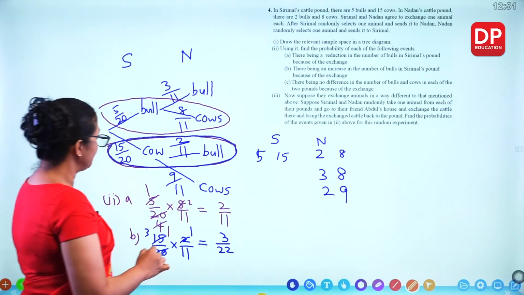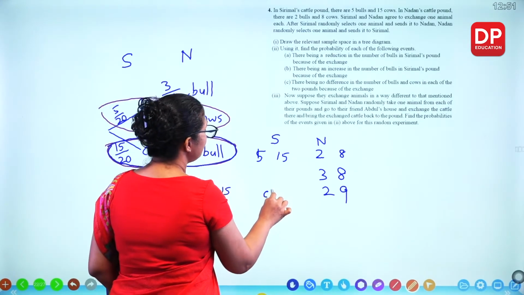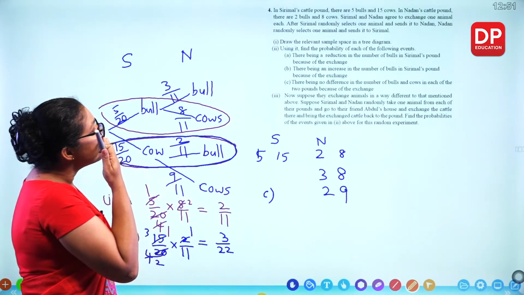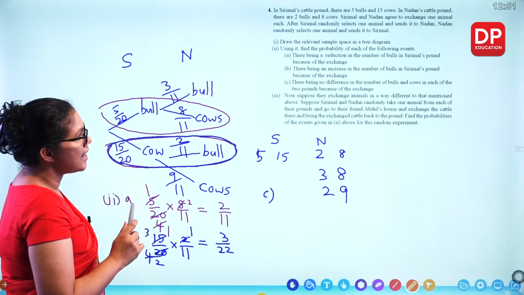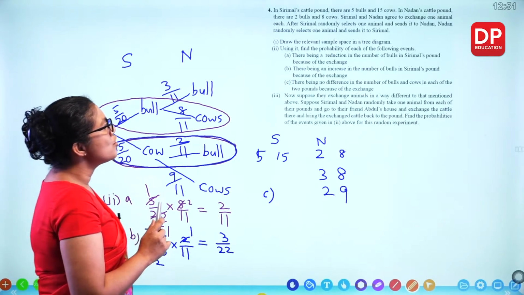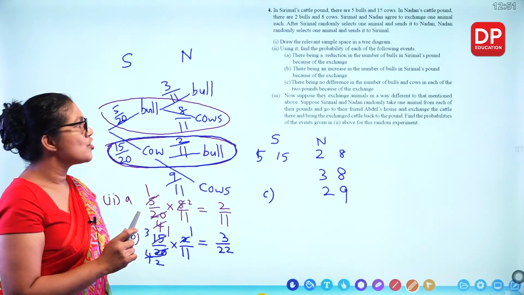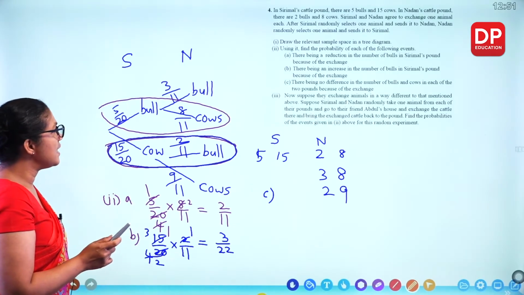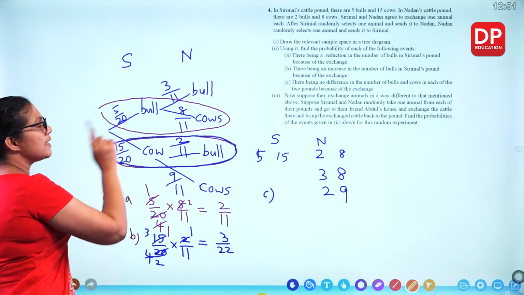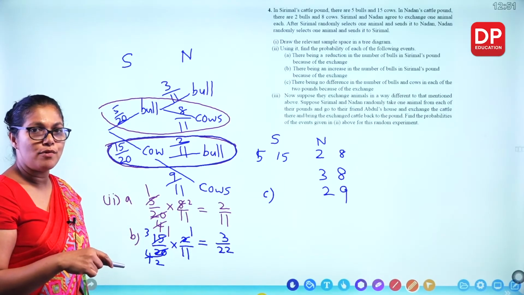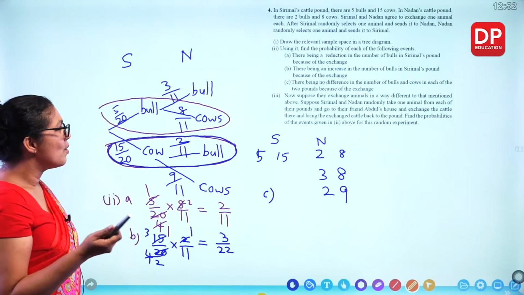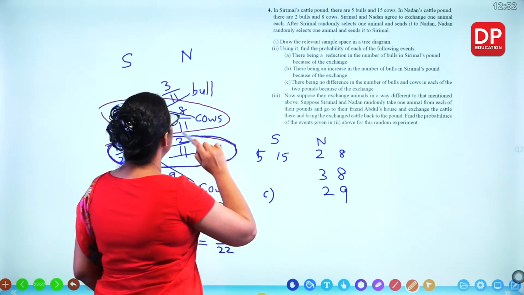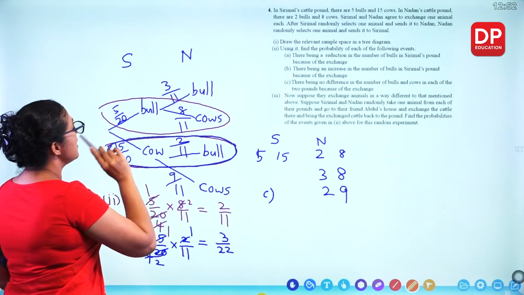Third part, part C. There being no difference in the number of bulls and cows in each of the 2 pounds because of the exchange. There's no difference means giving a bull and taking a bull, or giving a cow and taking a cow. So we can take these 2 branches.